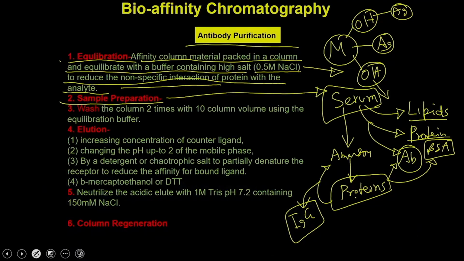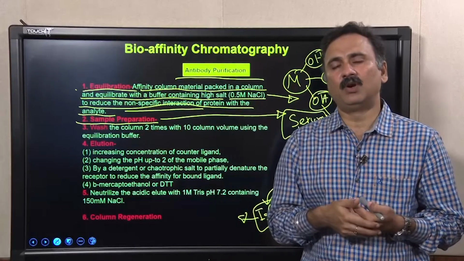Next, you are going to load this IgG containing fraction onto the column. The loading is simple, because if you are using a chromatography system, then you can use the loop, or you can use the syringe to inject the sample onto the column.